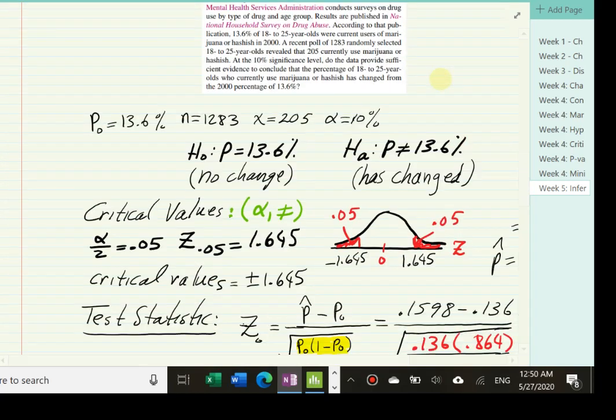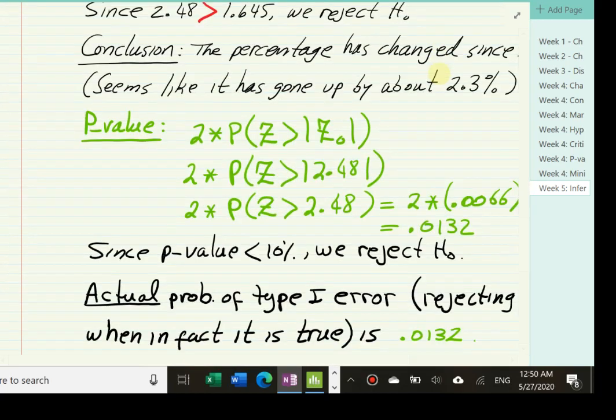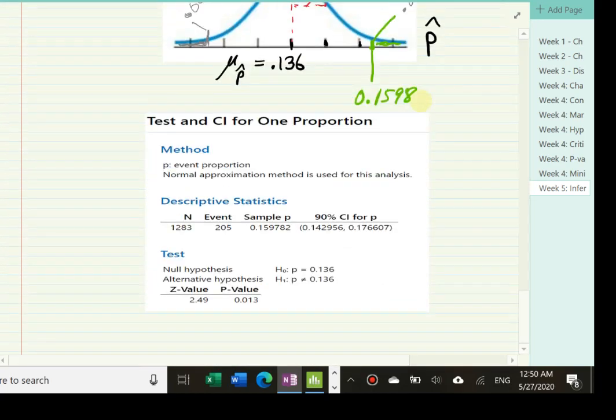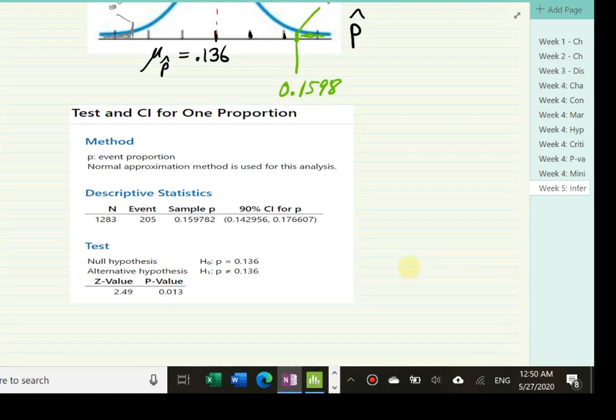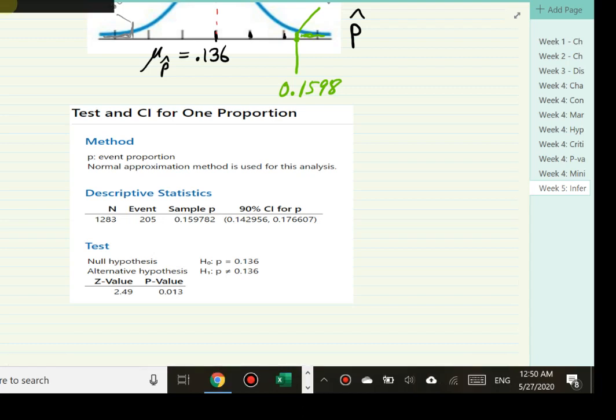Let me go back here in our confidence interval that we just did, right in here. If you want to actually find our margin of error here, we could. Let me show you how you can do it from the confidence interval.